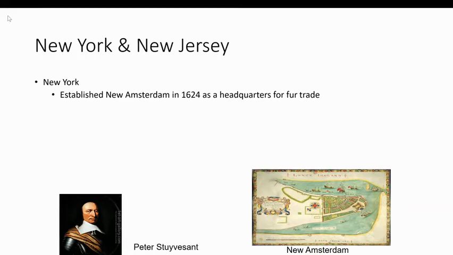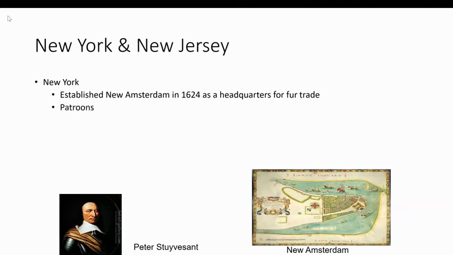In fact, at certain points, there were just as many English as there were Dutch. New York, out of all of the colonies, was probably the most diverse. They had Finns, Swedes, Dutch, English, Africans, Jews, so all sorts of people that came to live in New Amsterdam and to make money off the fur trade.